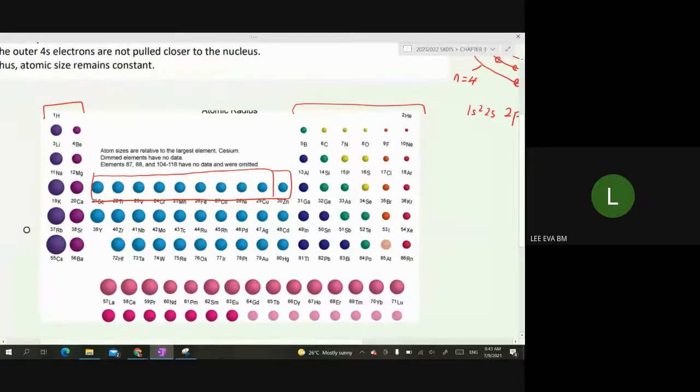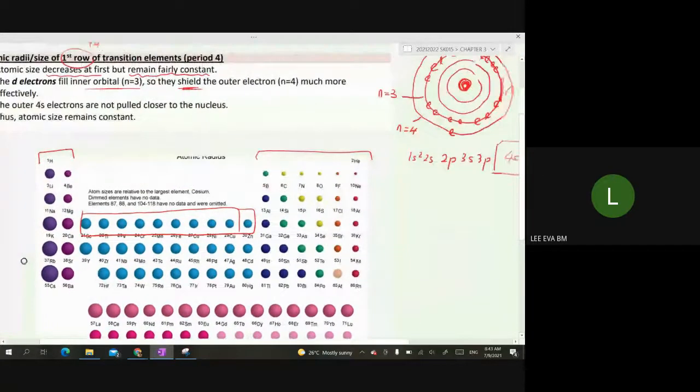Boleh tambah lagi satu ayat dekat sini lah. Kalau untuk ayat yang lagi simple, awak boleh catat dekat sini. Okay, I'm writing over here. You can jot down inside your notes as well.